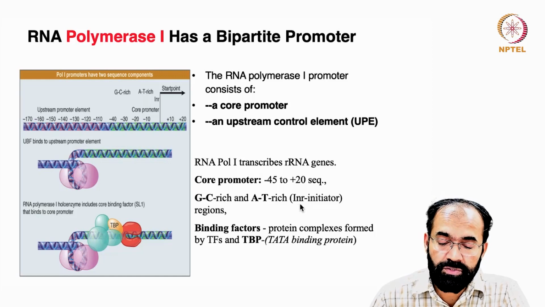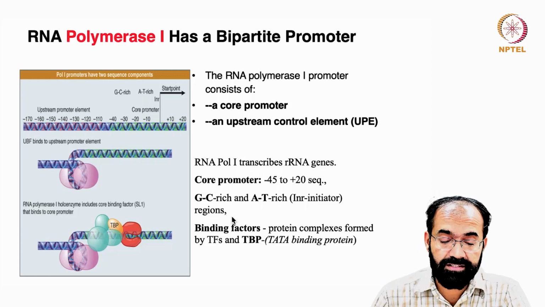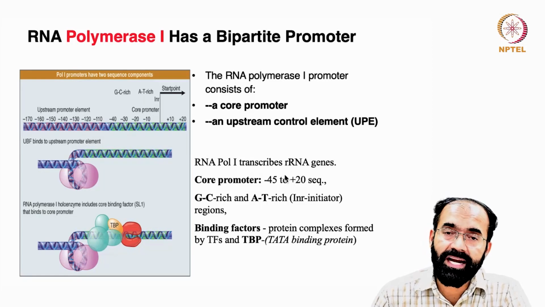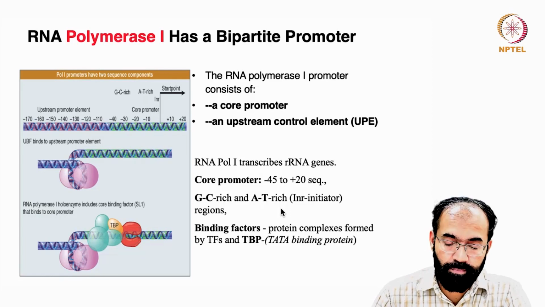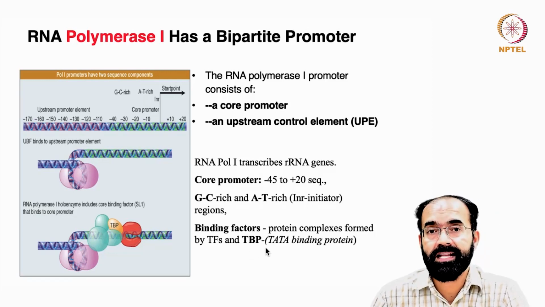They also have specific initiator regions, and that allows specificity to these promoters. And the binding factors are typical, as you saw in the case of RNA polymerase 2, and this complex is formed by transcription factors, especially the TBP.